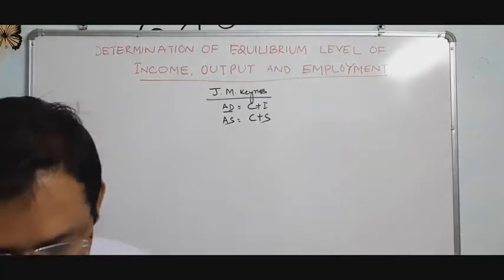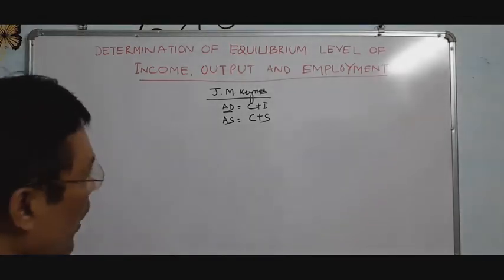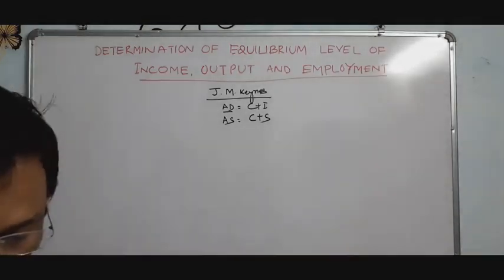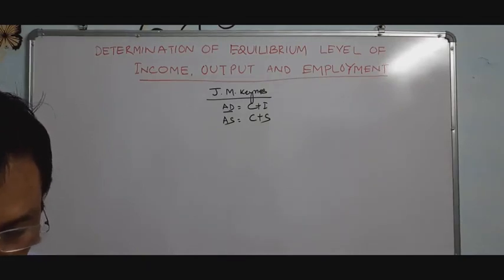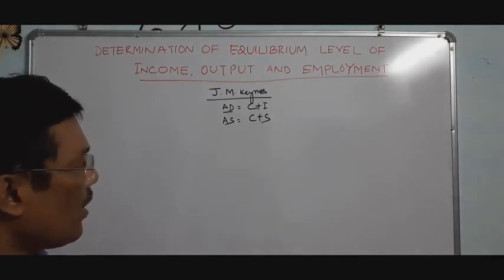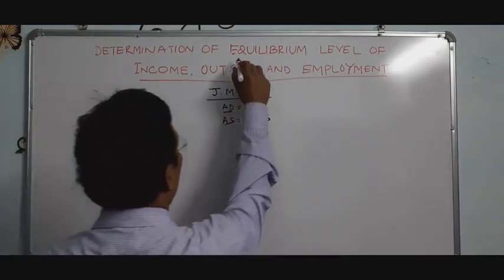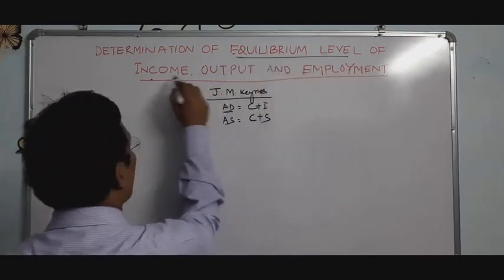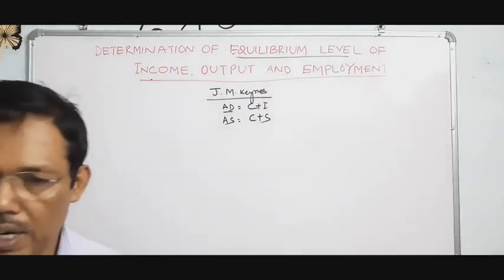So according to Keynes, the equilibrium level of income and employment can be determined by aggregate demand and aggregate supply.